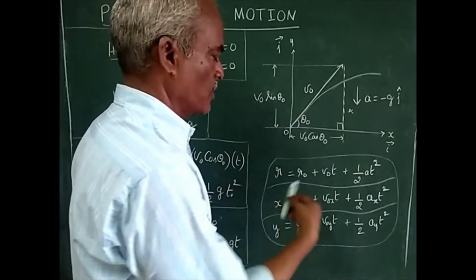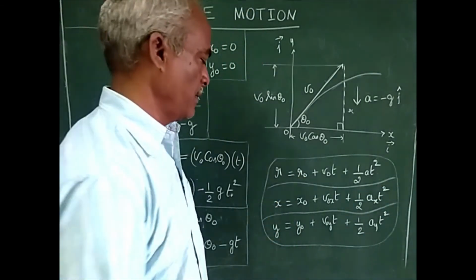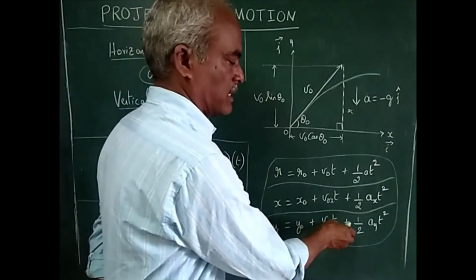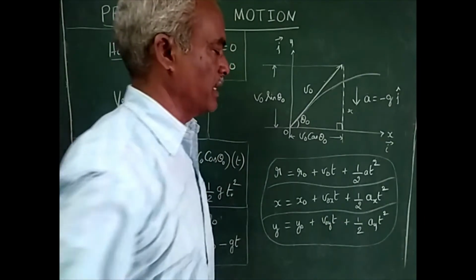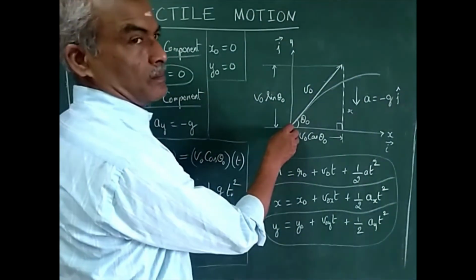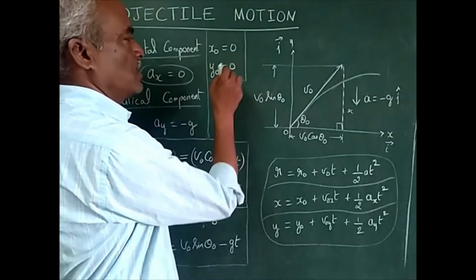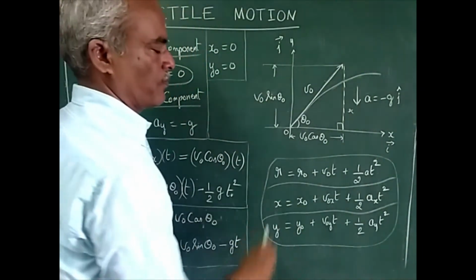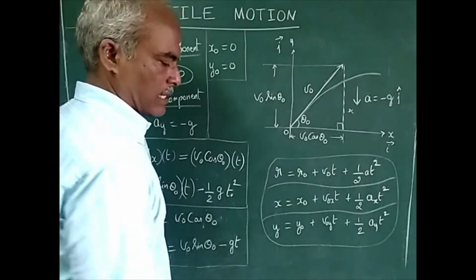Similarly, with the same equation you can define y. y is equal to y0 plus v0y t plus half ay t square. Now we start from the origin, okay, that's why x0 equal to 0, y0 equal to 0. So these two values become 0.